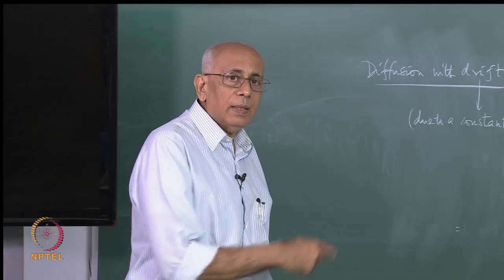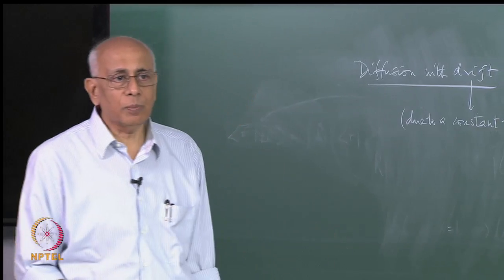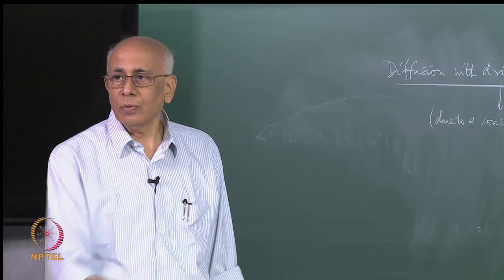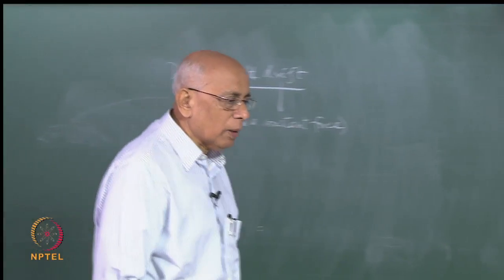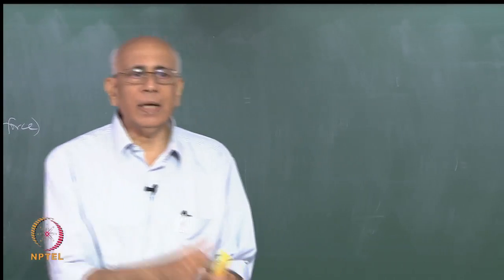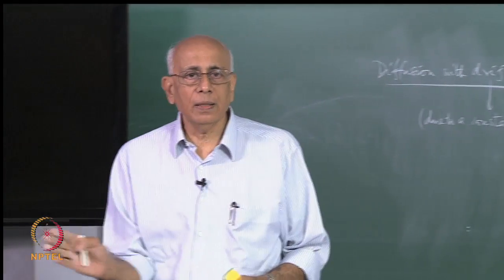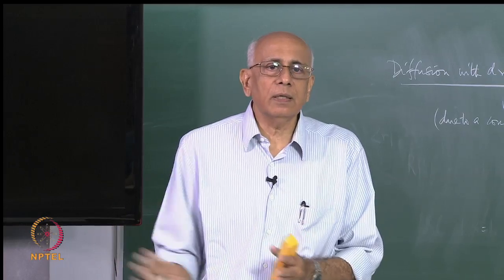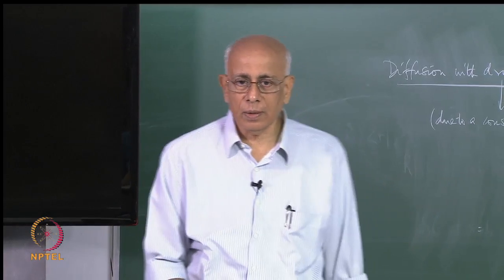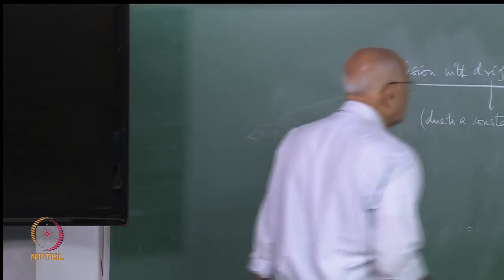Now let us do that in the presence of a bias. This would play the role of a constant force in some direction. If I say that the probability of a jump to the right is greater than that of a jump to the left, and that is true at every site in exactly the same way, then it is clear that there is a drift to the right hand side, a constant bias, a fixed bias.